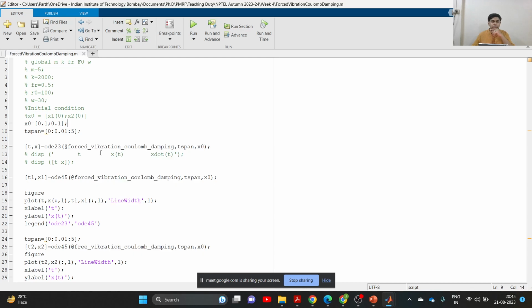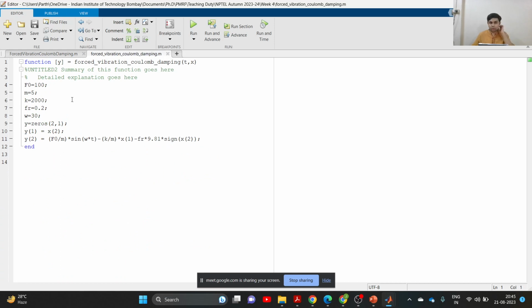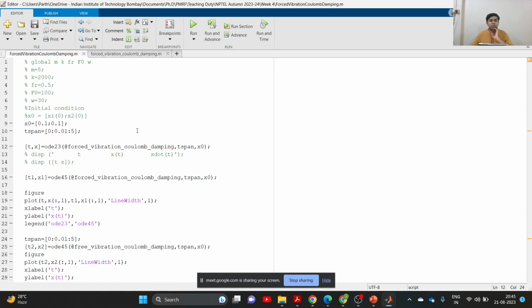In this ODE solver, we need to give the differential equation of the system in a state space form, and that is given over here, and that function is given as an input. The time span and the initial condition are also given as an input.